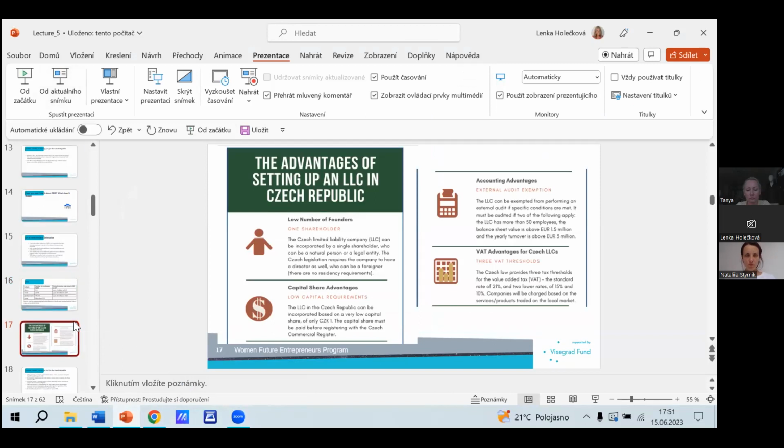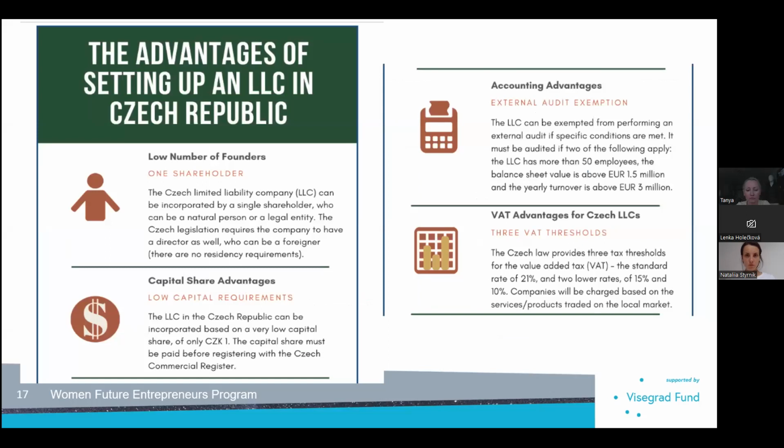information about limited liability company. It means SRO in the Czech Republic. It means společnost s ručením omezeným. There are some advantages of limited liability company. For instance, a low number of founders. Just one founder is possible.